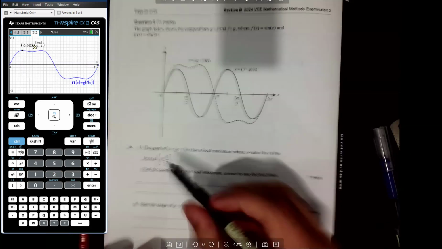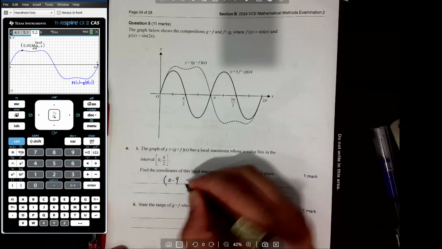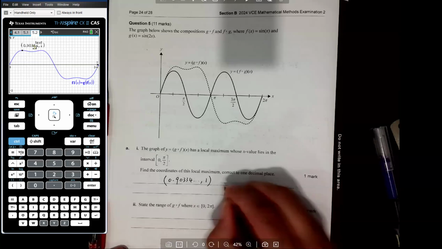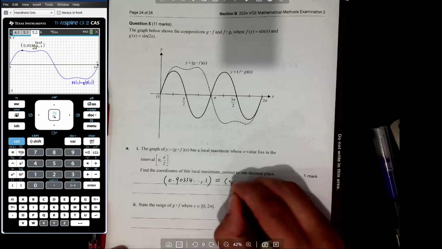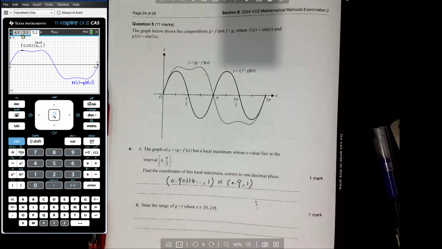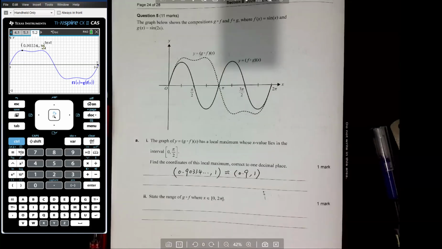Easy peasy, lemon squeezy. So it's 1 decimal place: 0.90334..., comma 1, exactly 1. So approximately 0.9. If you want to write 1.0, that's fine. But actually, this y value is exactly 1, so you don't have to write 1.0. And state the range of g of f between 0 to 2 pi.